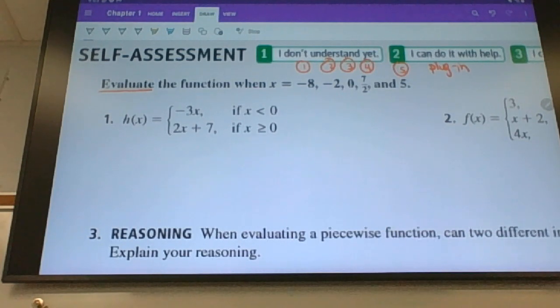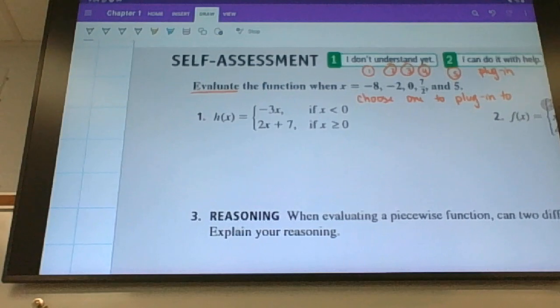So even though it's one question, you're plugging in for x 5 times. I would really call it 5 math problems. No, you don't do both. Good question. You only choose one to plug into. You don't have to plug into both.